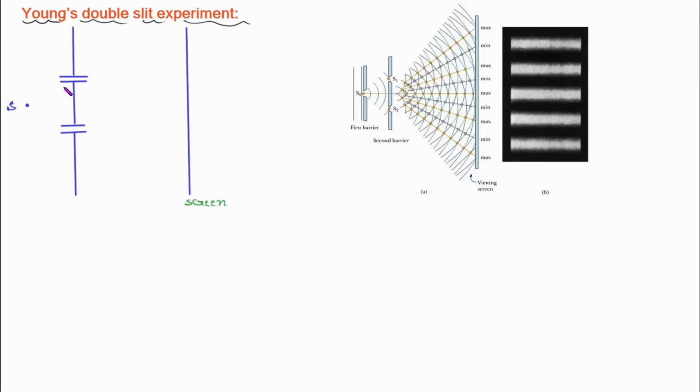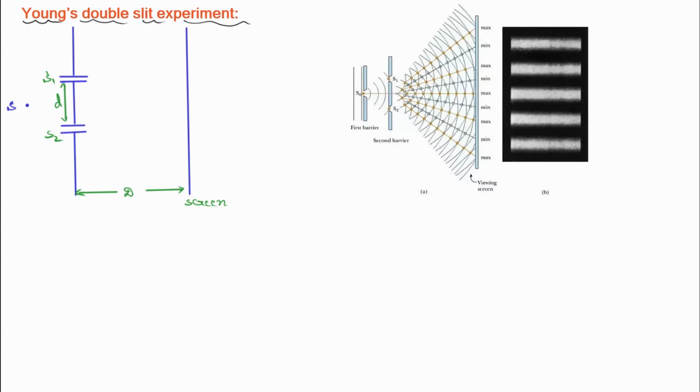Now the distance between these two slits I'll take as small d. This is slit S1, this is slit S2, and the distance between the slits and the screen is called capital D. The distance between the two slits is small d, and the distance between the screen and the slits I'll take as capital D.